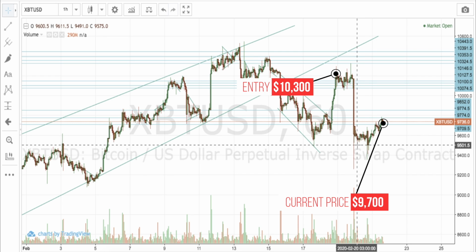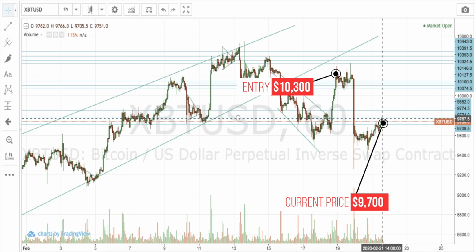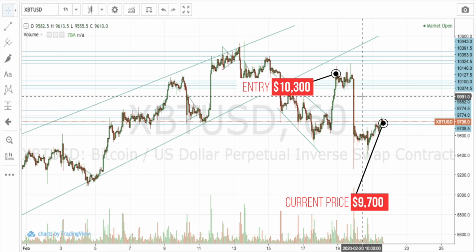So as you can see here, if at this point I had set a stop loss around here, I would have already been taken out and I would have just sacrificed this amount of profits. On the other hand, if I set it way, way up here, then maybe I'm giving away too many of my profits.